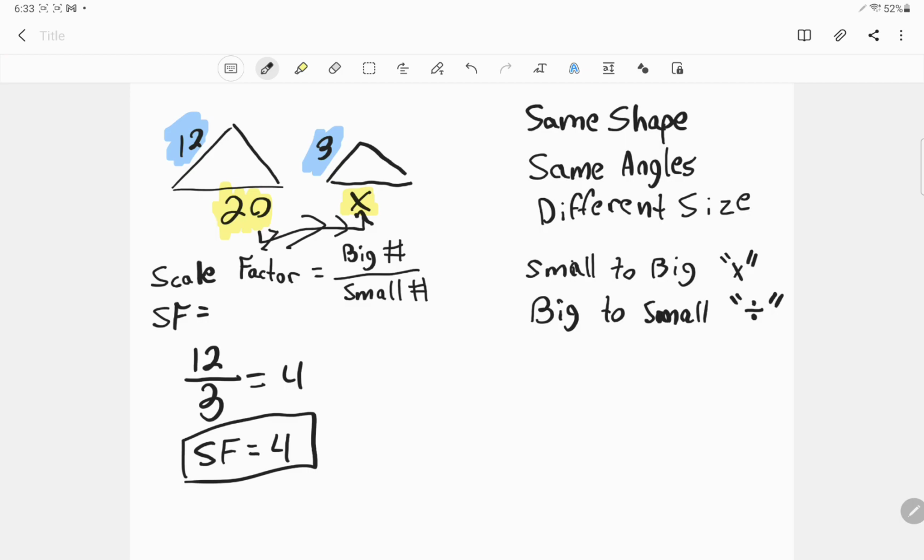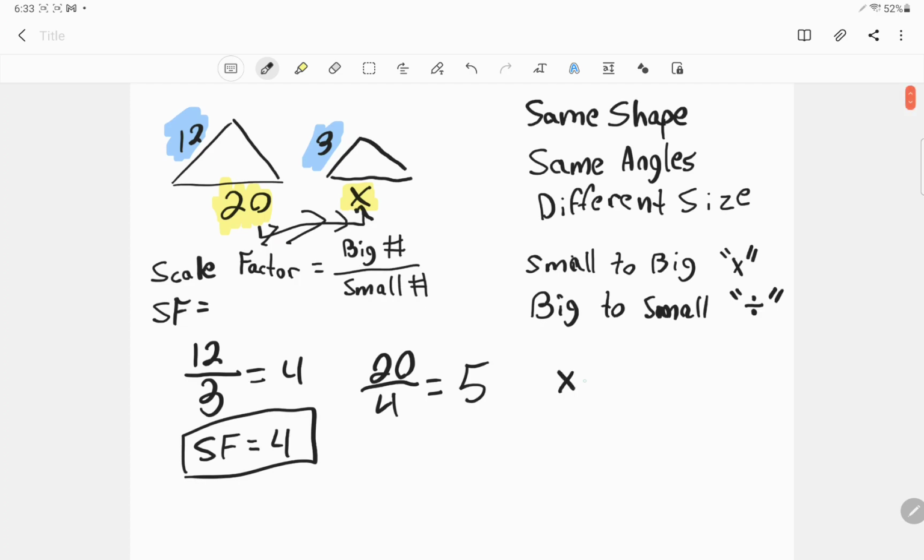So I am going from big to small. So I'm going to write 20 divided by 4, which is going to give me 5. Right? Because we have to do the side divided by the scale factor. So I do 20 divided by the scale factor, it's going to give me 5. So my X is going to equal 5. And today it's just going to be that simple.